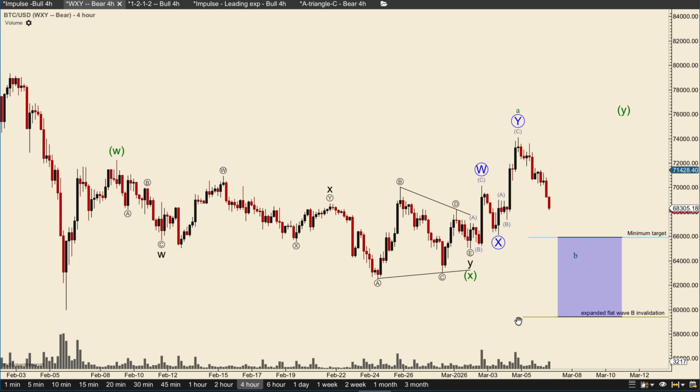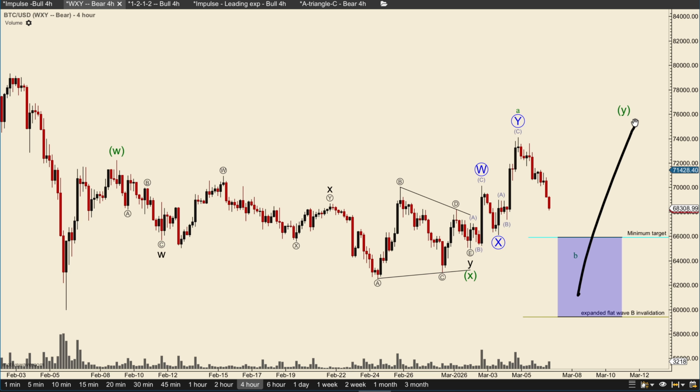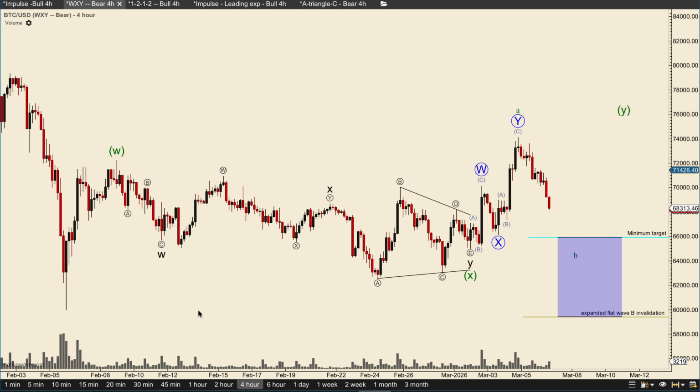But if we move past this, then the expanded flat is invalidated. But here we are looking for a 3-way move WXY into wave A, and then a 3-way move down in wave B somewhere in this area, and afterwards a wave C, an impulse up, and afterwards this whole structure is most likely finished, and then we move down.